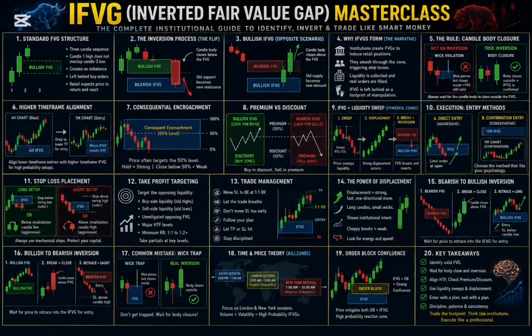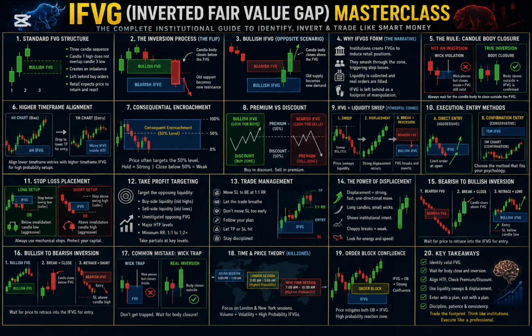Both methods are highly profitable, but you must choose the one that fits your trading psychology. And whichever entry execution protocol you choose, consistency and discipline are the ultimate keys to success.